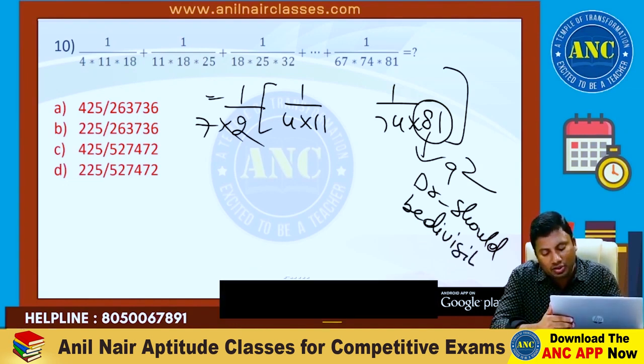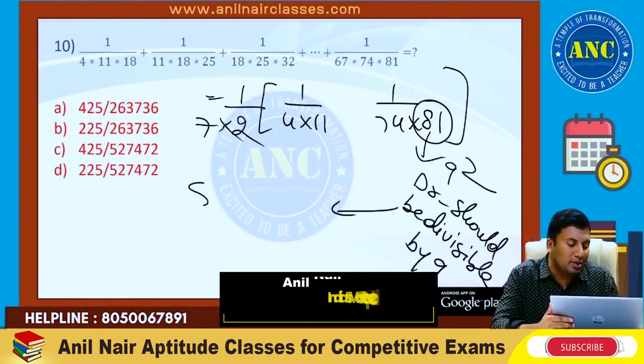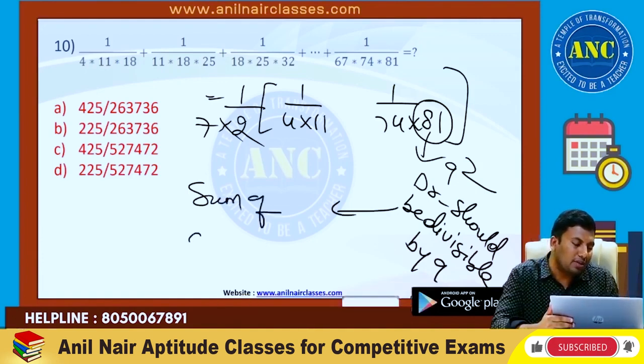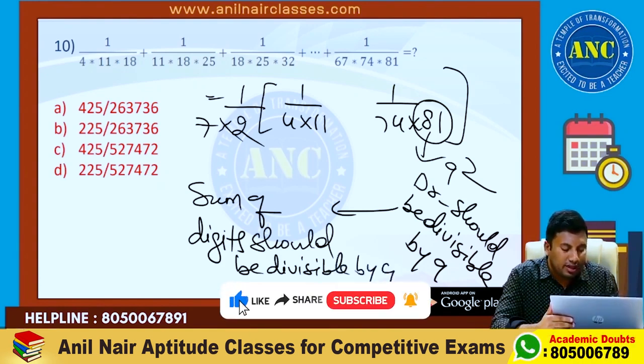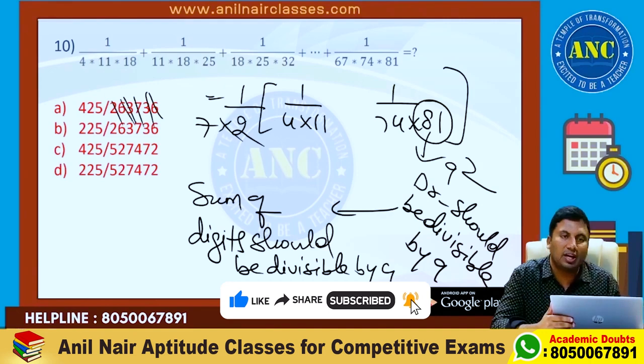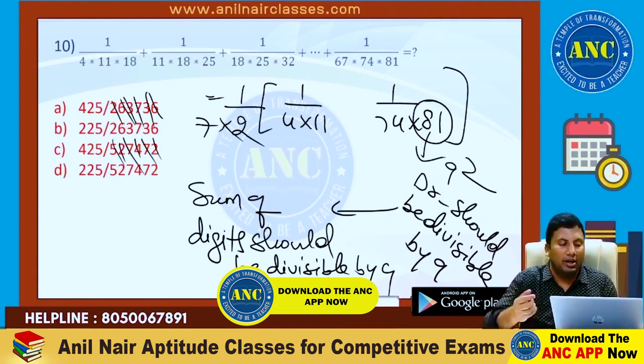Sum denominator should be divisible by 9 means sum of the digits should be divisible by 9. If it does not work, I will go to 6 plus 3, 9, 7 plus 2, 9, 6 plus 3, 9, 7 plus 2, 9, 5 plus 4, 9, 2 plus 7, 9. All the denominators are divisible by 9.